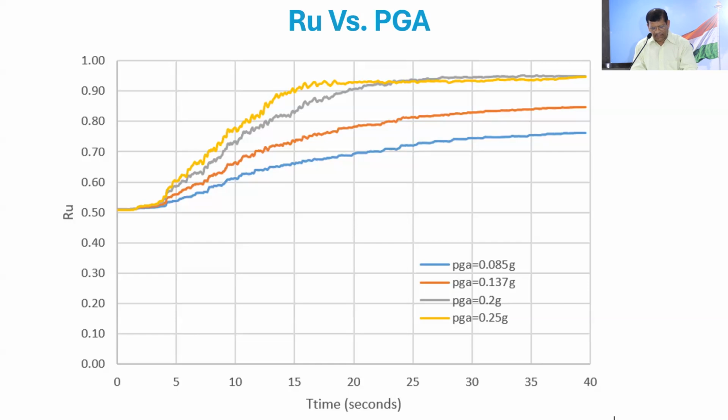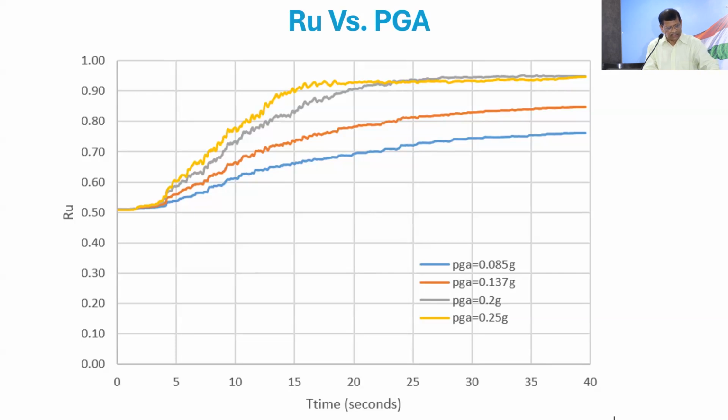Here you can see we varied the PGA with different levels, it can be OBE or MCE or MDE. Depending on that, 0.25 is the 10,000 year event, and 0.085 is the 1,000 year event.